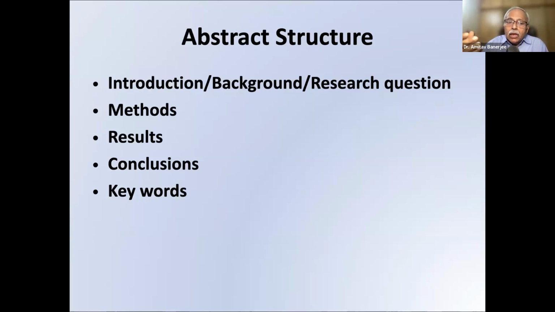Then comes the method. Method should convey in 3-4 lines the core issues, that we carried out a randomized control trial of yoga as the predictor. Predictor means the implementation, and the outcome to measure the backache. And you have to then give the core issues in the abstract.